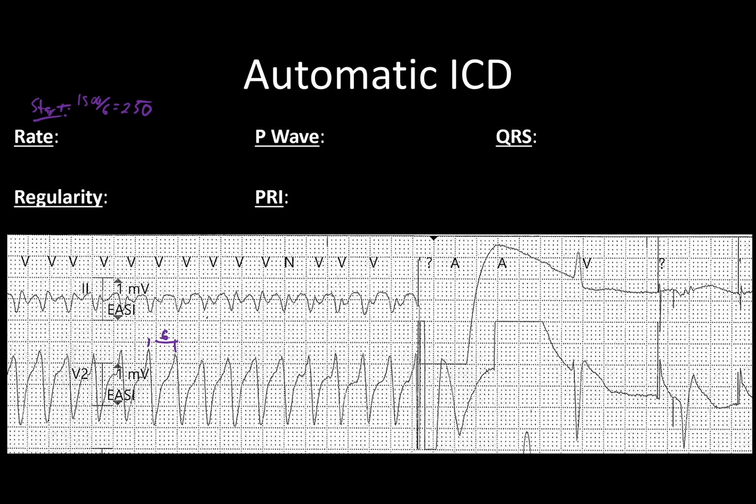Before I do that, let's talk about regularity. We're irregular. It goes from a tachycardic pattern to not, and there's a defibrillation in the end. I will tell you right now that this beat and this beat are both ectopic.